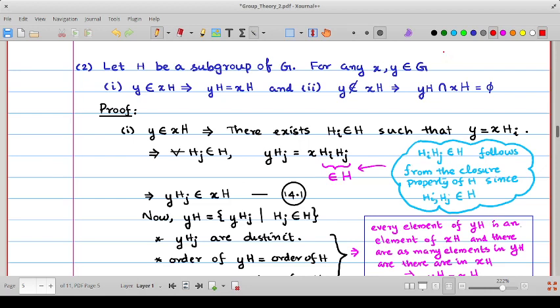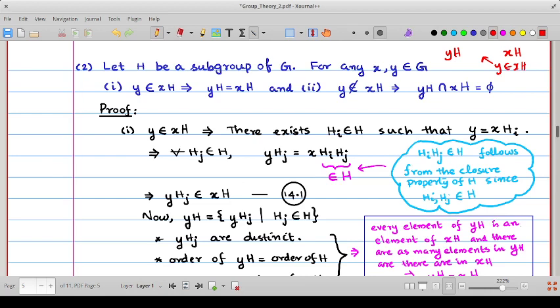We have two elements x and y of the group. Then we can construct two cosets xH and yH. And suppose y is an element of the coset xH, then this coset yH is exactly the same as the coset xH.